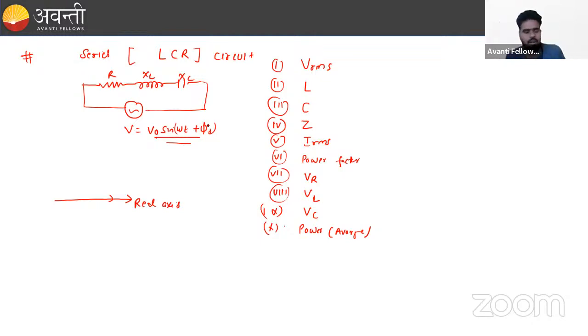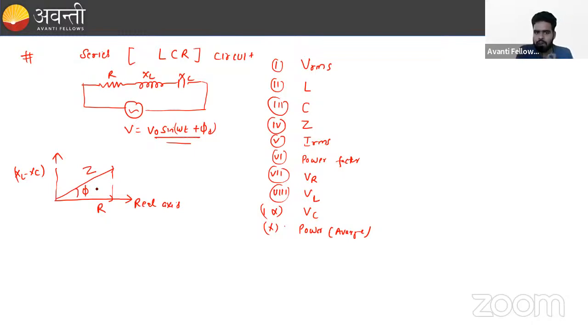Correct. So here, firstly we have to find out the value of Z. We can say this is R. This is our XL minus XC. In this manner, we firstly find the value of Z, then find the value of phi, right?